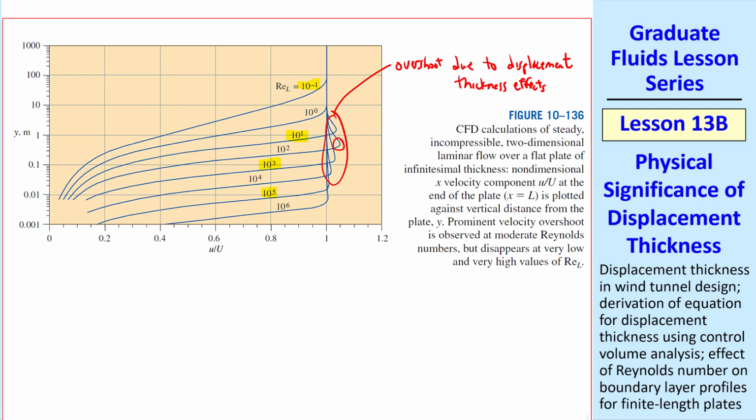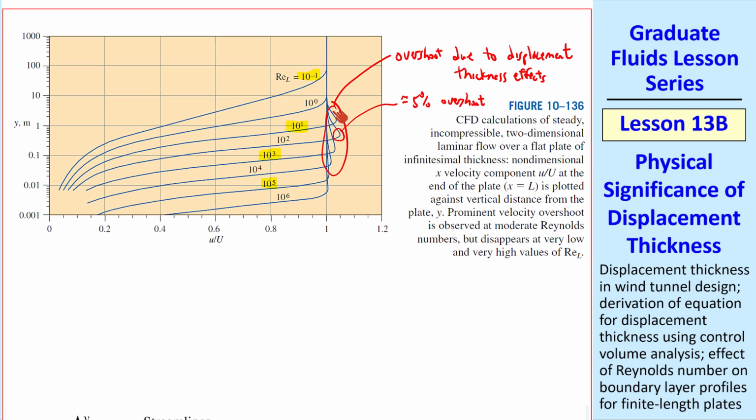The maximum overshoot is for my case of Reynolds number of 100, where the overshoot is approximately 5%. For very low Reynolds numbers, there's no overshoot because it's creeping flow. Then the overshoot grows with Reynolds number till this maximum, and then at very high Reynolds numbers, it almost disappears again.